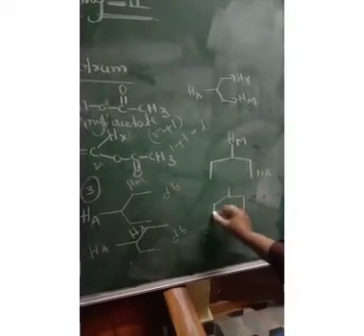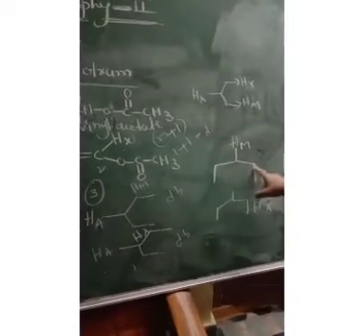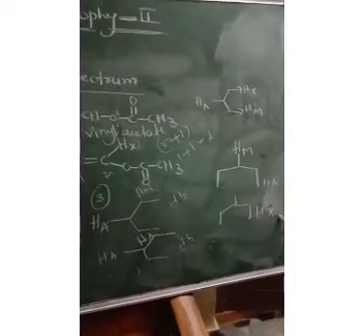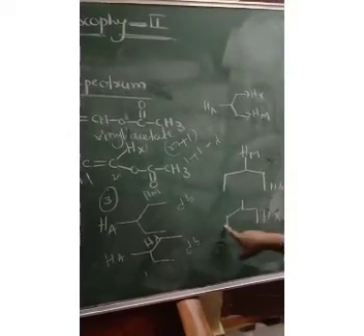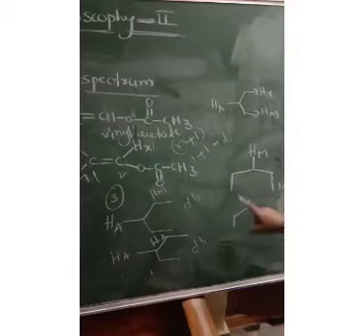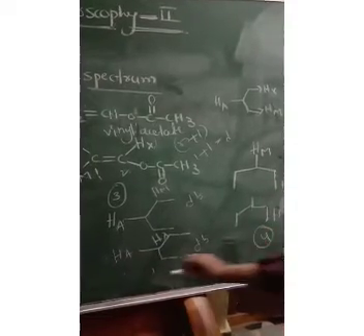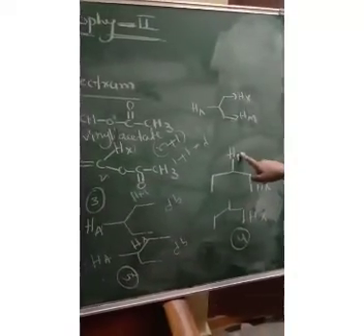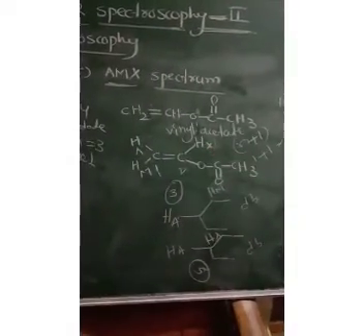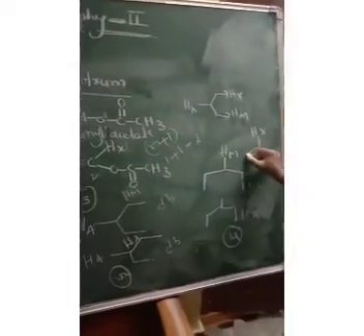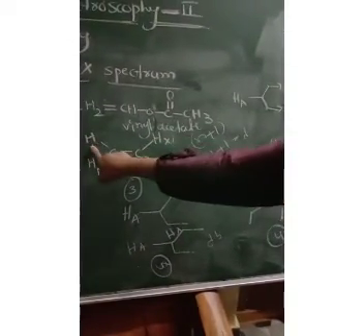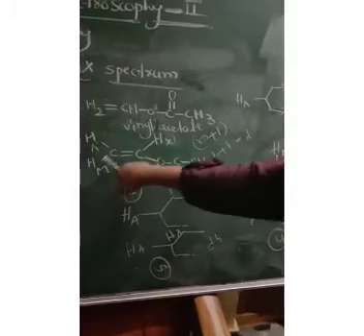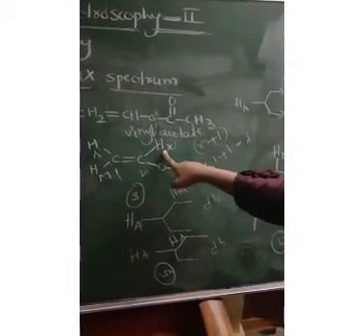So one doublet for HA and one doublet for HX, completely 4 lines. Similarly HX also gives 4 lines according to HA and HM. So for HA 4 lines appear, for HM 4 lines, and for HX also 4 lines.